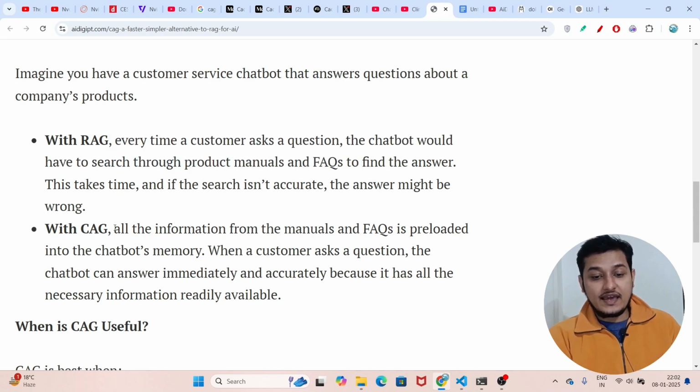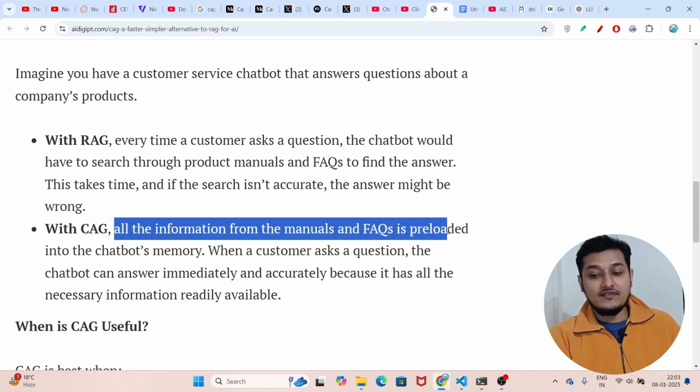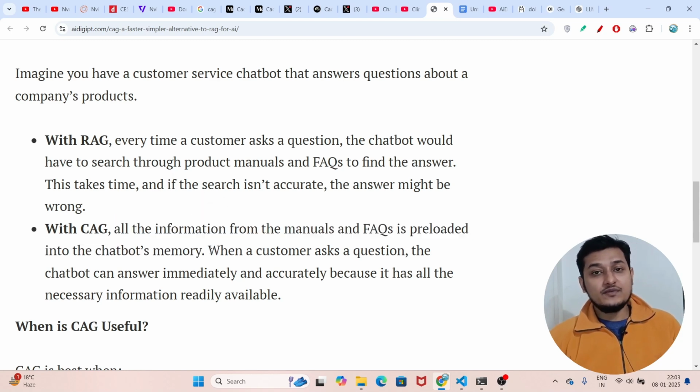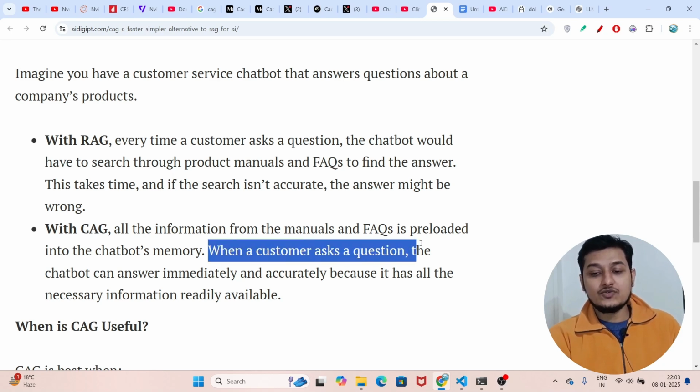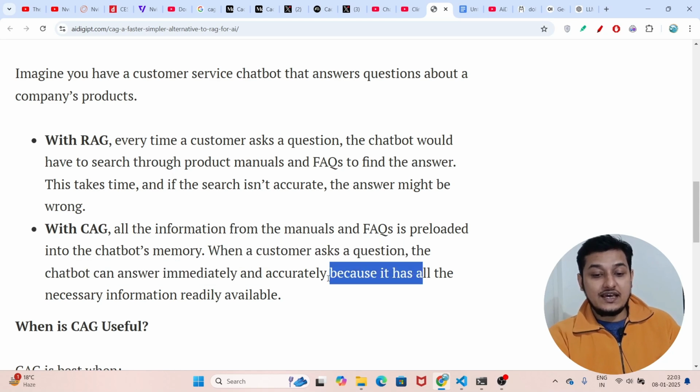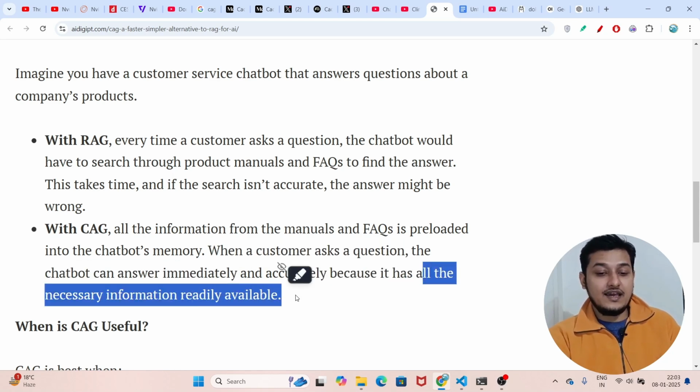But with CAG, all the information from the manual and FAQs is preloaded into the chatbot memory. Product information is always constant. It will not change again and again. So why should I allow a system to go again and again to the data source to find the information? Do the preloading and use CAG, right? When a customer asks a question, the chatbot can answer immediately and accurately because it has all the necessary information readily available.